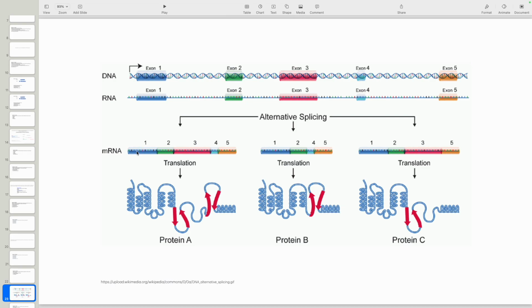We say isoform in comparison to that particular gene, the parent gene.